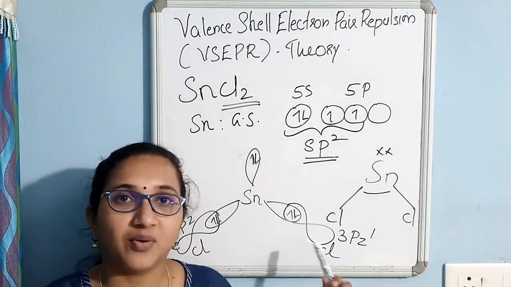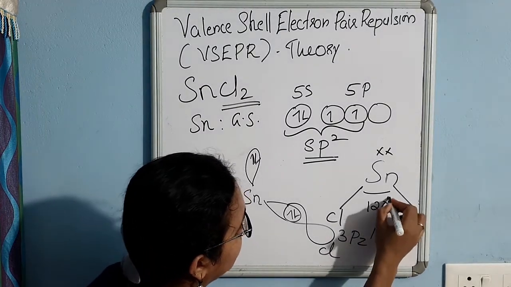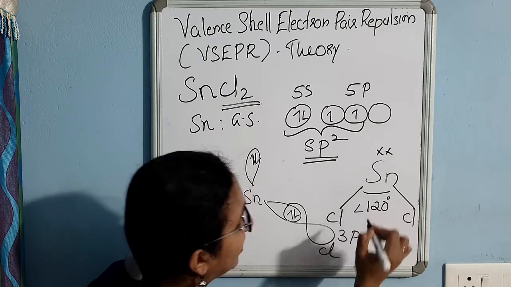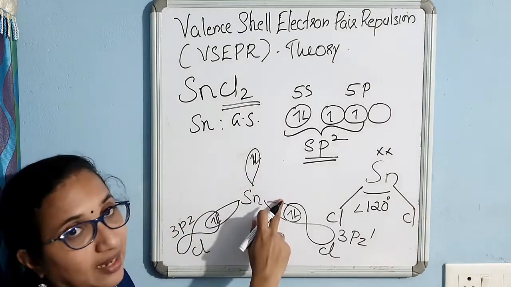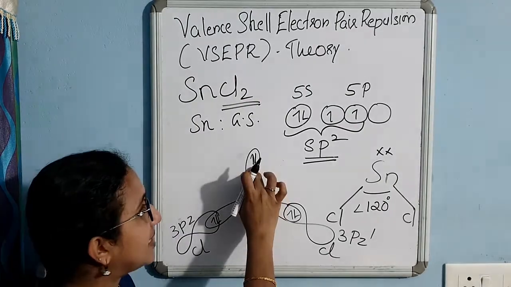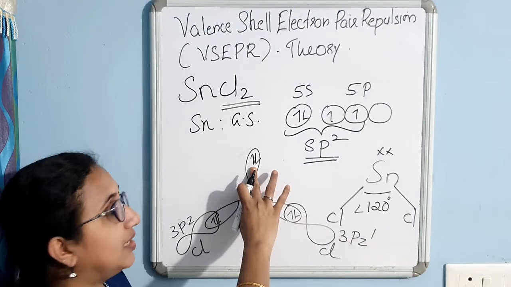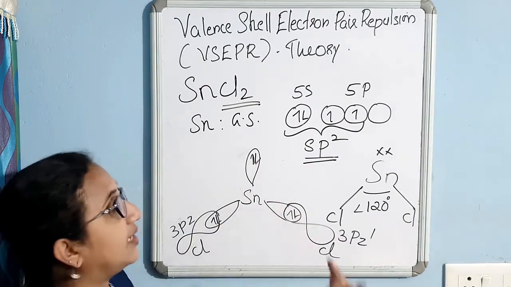Here the bond angle would be slightly less than 120 degrees. We know the typical trigonal planar structure would have a 120 degree bond angle, but in this case there is a lone pair also. As per VSEPR theory, the lone pairs offer higher repulsion.